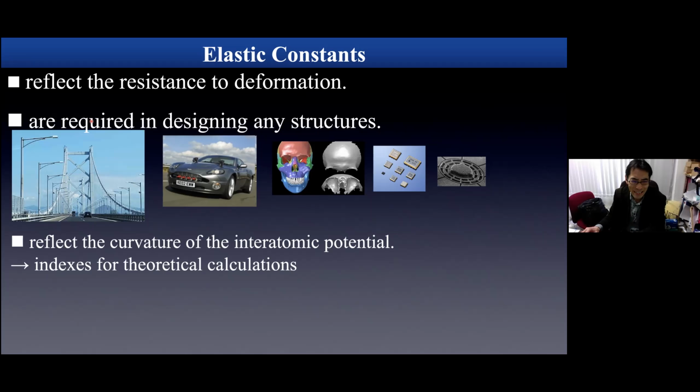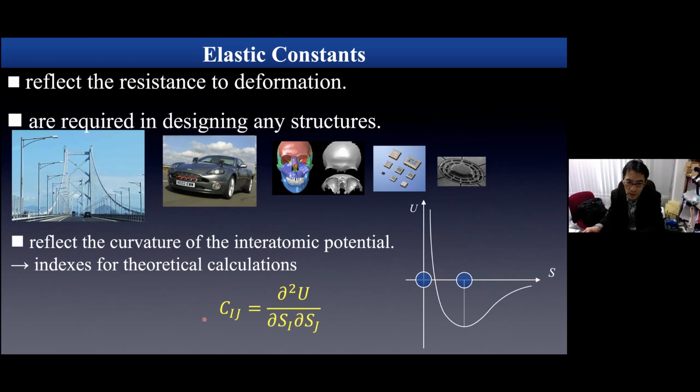And also, scientifically, it is a very important parameter because the elastic constant reflects the interatomic potential. It is given by the second derivative of the internal energy U with respect to strain.